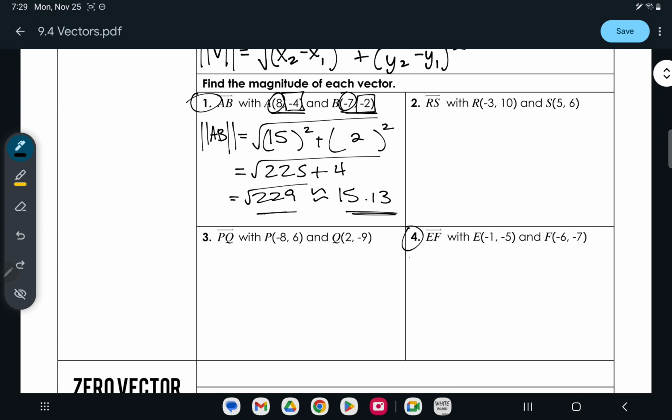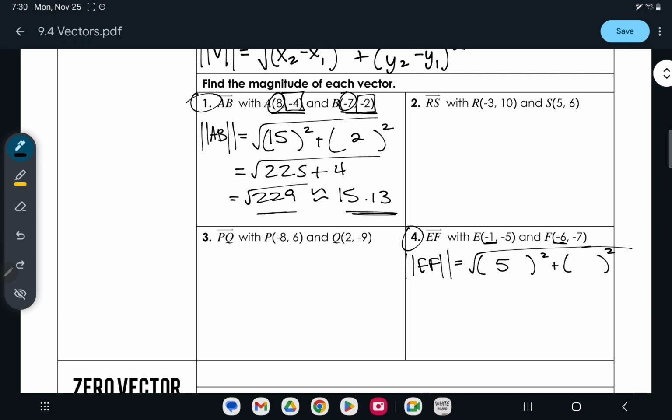Let's look at another one. So the magnitude of EF, and it's a double line because having one line means absolute value. This double line means magnitude. So the difference in the x's squared plus the difference in the y's squared. So I'm looking at -1 to -6.